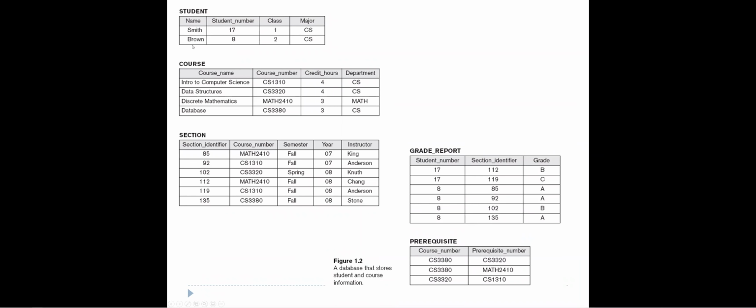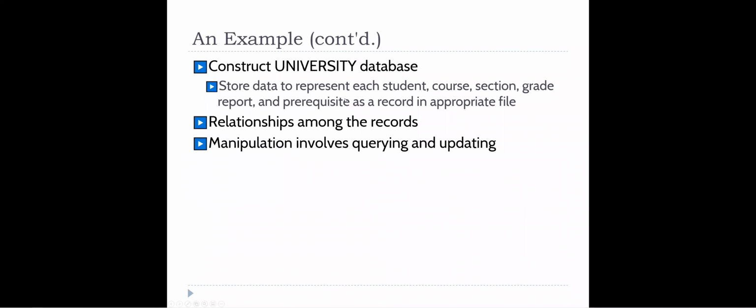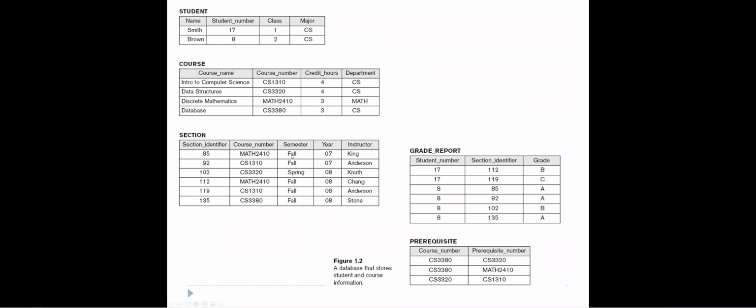So for example, we have 2 students, we have 4 courses, we have about 6 sections, grade reports and prerequisite. Okay, so construct university database, store data to represent each student, course, section, grade report, and prerequisite. Relationships among the records. You can see some relationships. It's not obvious for you now, but we will cover that inshallah in the coming lectures.